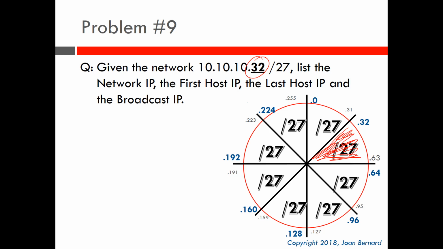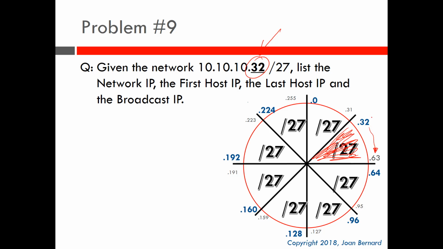To find the network, that's pretty easy because this was given to me. So 32, that's my network. I know that a /27 has 32 IP addresses, so .32 through 63 gives me 32 IP addresses.